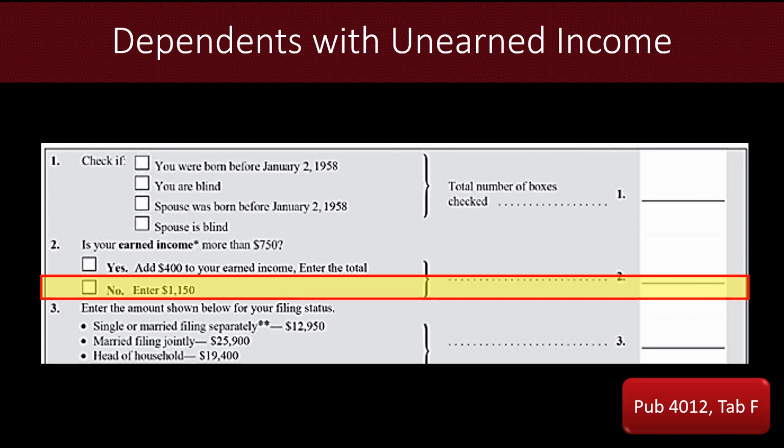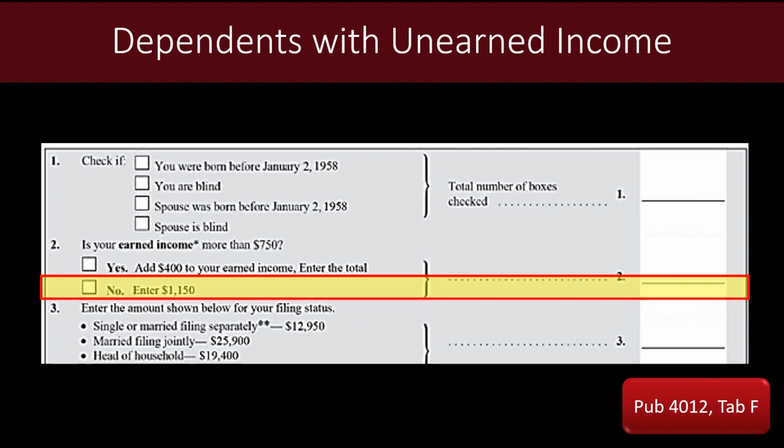You can see here that in general, a dependent's standard deduction will be their earned income plus $400 if they had earned income of more than $750. If their earned income was less than that, their standard deduction will drop all the way down to $1,150. This would make unearned income more subject to tax.